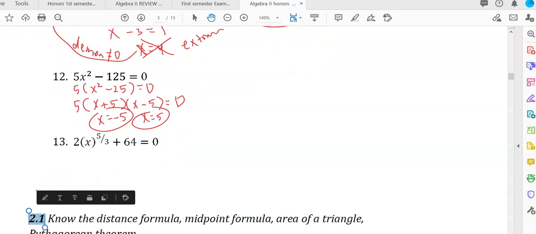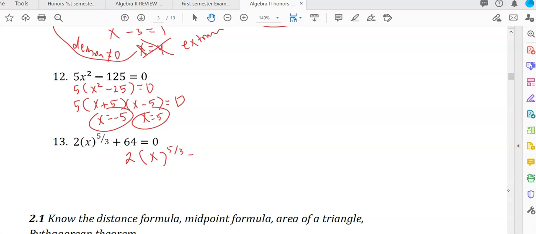This one, let's get the 64 on the other side. So we get 2 times x to the 5/3 equals -64. Divide by 2, get x to the 5/3 equals -32. Put both sides to the reciprocal power, which would be the 3/5 power.